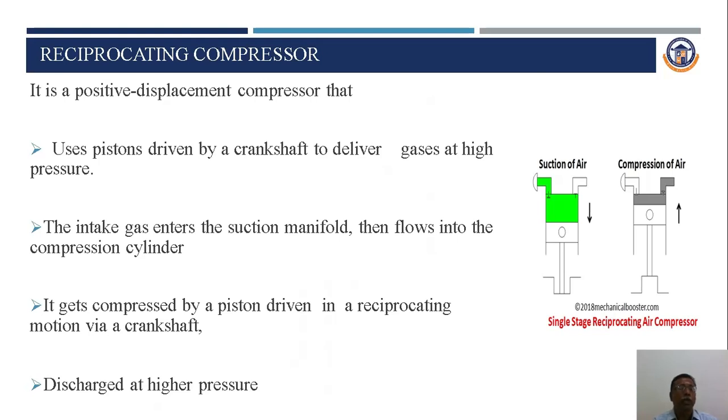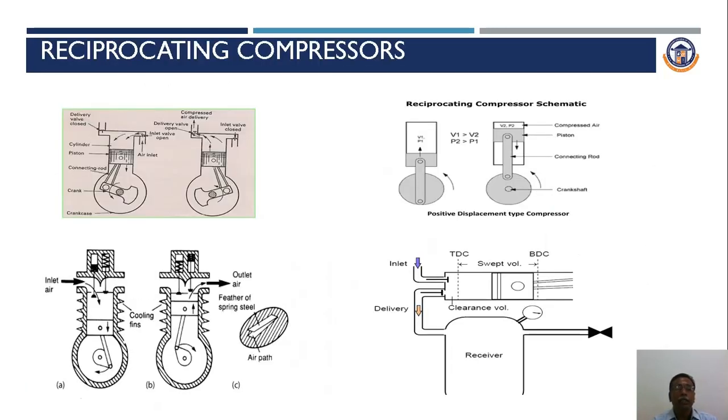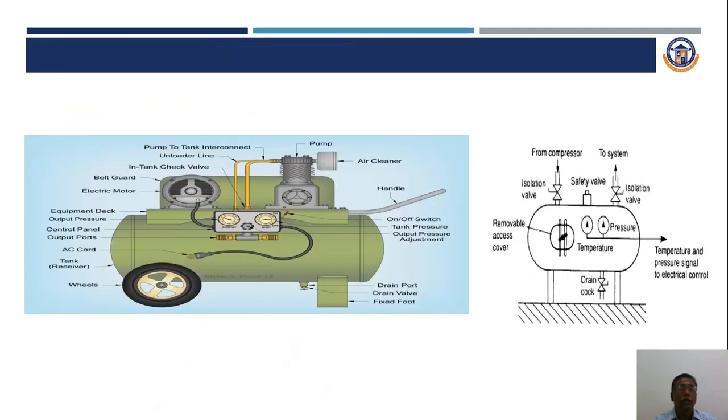The air is compressed by the piston driven in a reciprocating motion by a crankshaft and discharged at high pressure. This is a schematic diagram of a single stage reciprocating air compressor. Now this is a photograph of a single stage reciprocating air compressor with a movable application.